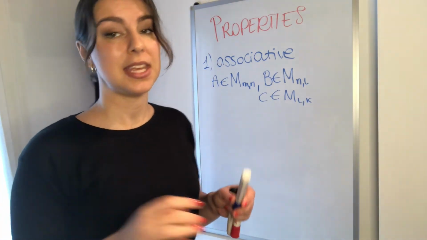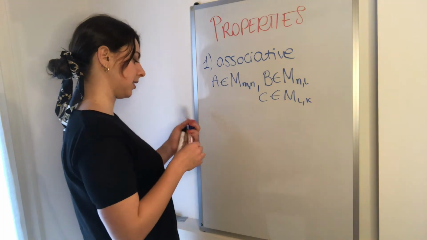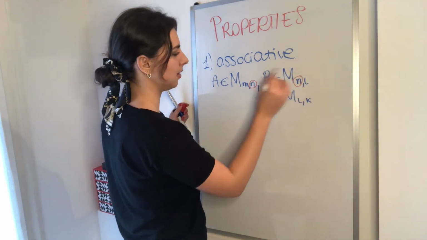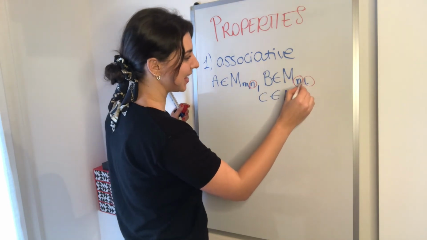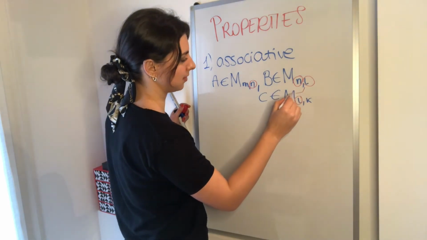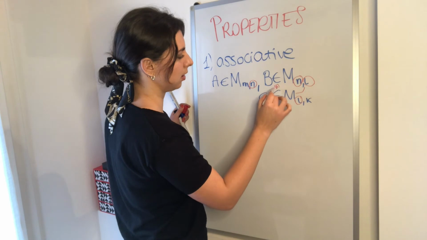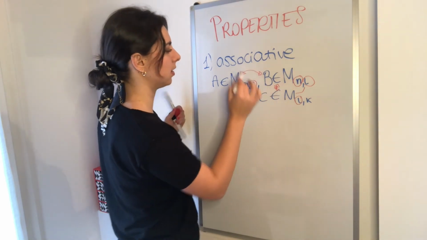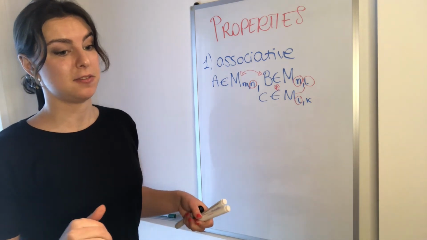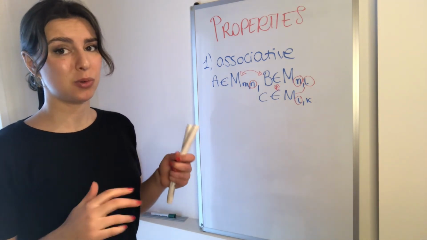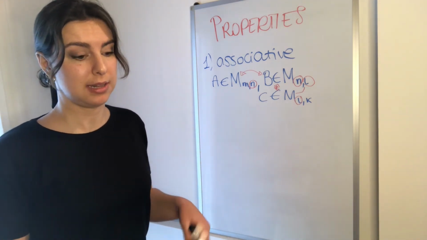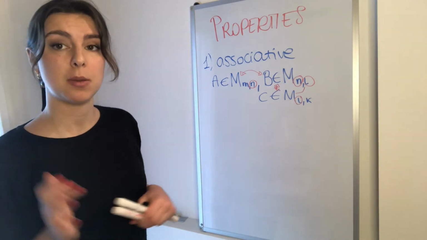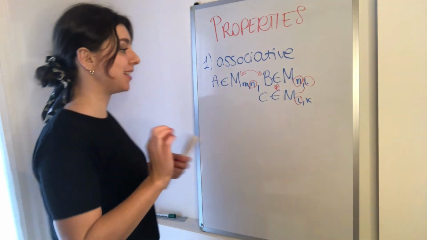The important thing is that we have to make sure that this is equal to that and this is equal to this, because these two are going to be related and these two are together. This is very important because the order here is important, as we will see with the last property, but it is important.